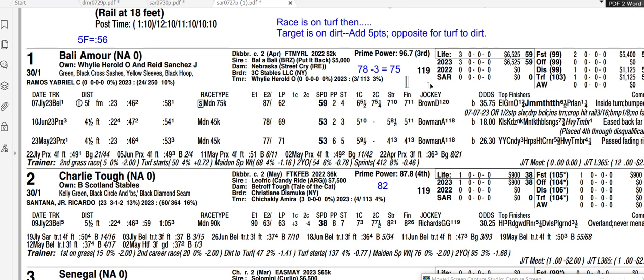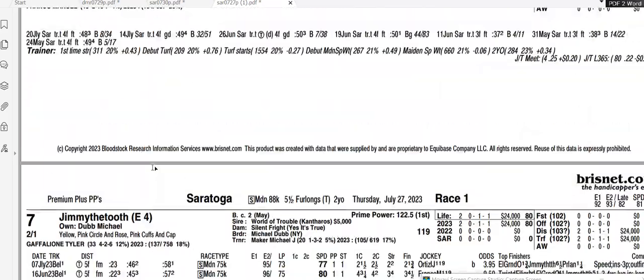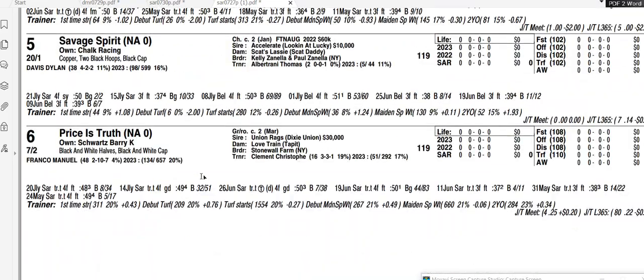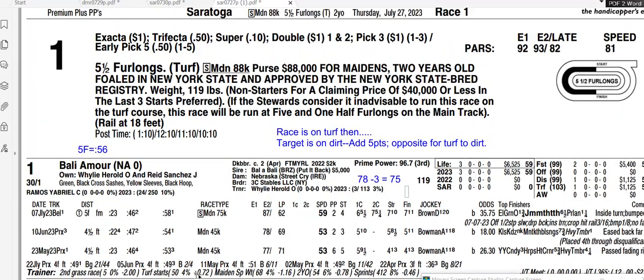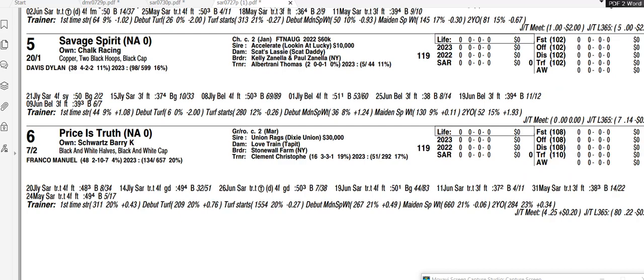In this case, I did it up here. It was a 78, and then I subtracted the 3 to make it a 75. So really, it's all about what you're comparing against. If this is the only horse, or the minority of the horses are 5 furlongs and the rest are 5.5, then you just do the subtraction for those 2 horses instead of having to do the addition to the other 7 of them.